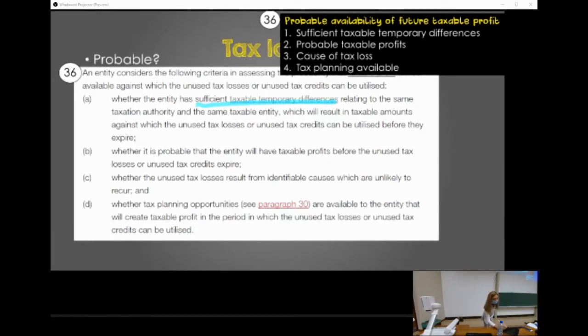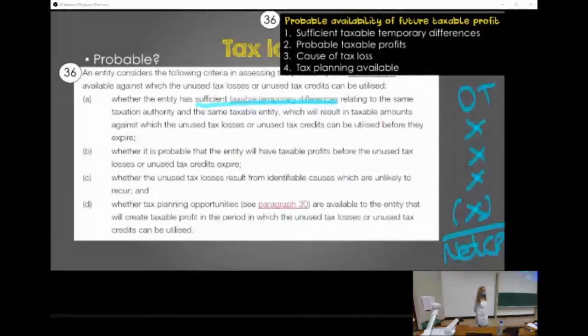Meaning, in our deferred tax calc, we will have sufficient positive amounts, which will be the liability amounts, to absorb my tax loss deferred tax asset. If I get to a position where I have a net credit total for my deferred tax, I don't have to worry. I can go and recognize that deferred tax asset from the unused tax loss.